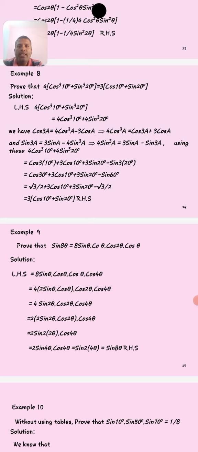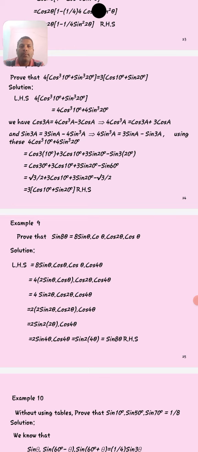And sin 3a is equal to 3 sin a minus 4 sin cube a. That implies 4 sin cube a is equal to 3 sin a minus sin 3a. Using this, 4 cos cube 10 plus 4 sin cube 20 degrees is equal to cos of 3 into 10 degrees plus 3 cos 10 degrees plus 3 sin 20 degrees minus sin 3 into 20 degrees.